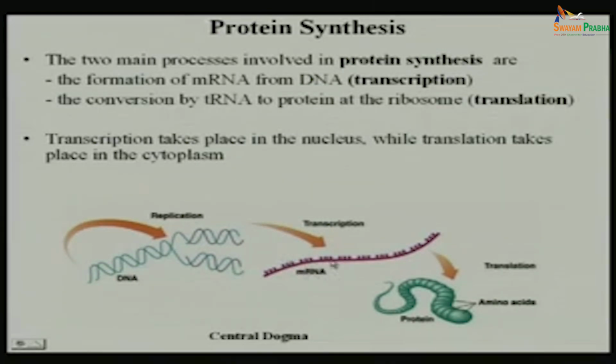When mRNA is formed, it comes out from the nucleus to the cytoplasmic fluid, where actual protein synthesis is going on, and amino acids are producing this protein, called the translation process, which is going on in the cell with the help of nucleic acids.